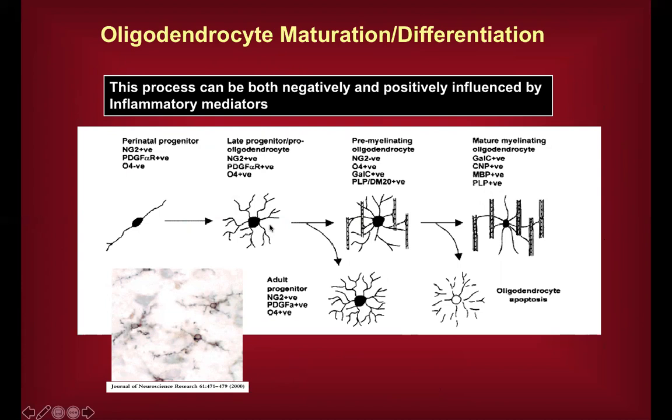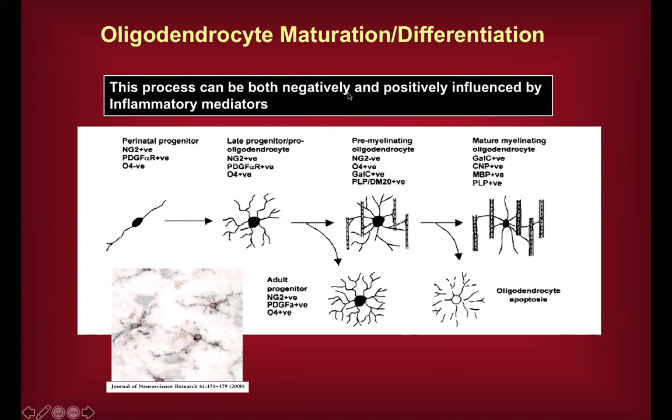So you can see that on the surface. They become more mature. And it's the mature oligodendrocytes that have myelin basic protein and PLP on there. Earlier, they have things like the platelet-derived growth factor receptor and nerve growth factor receptor, and so they change over time.